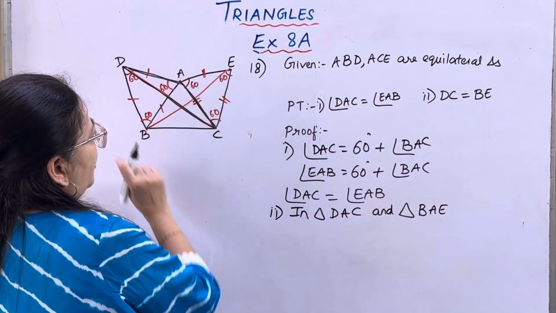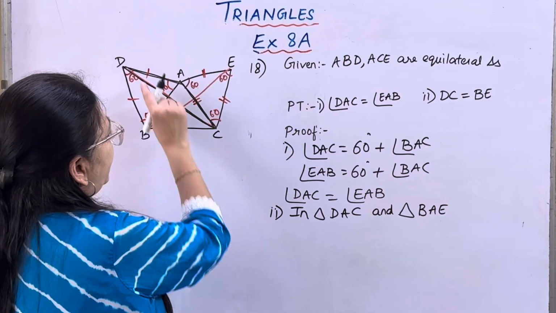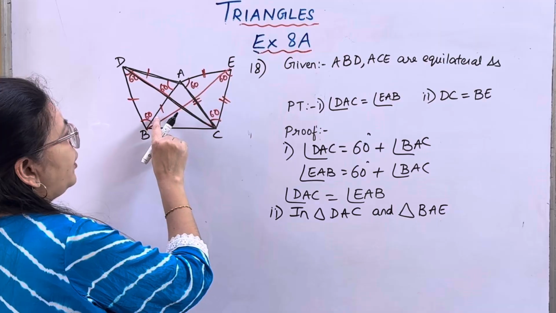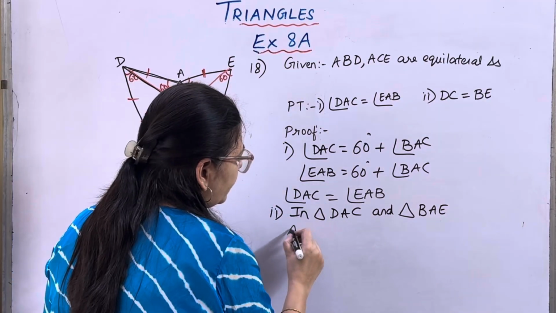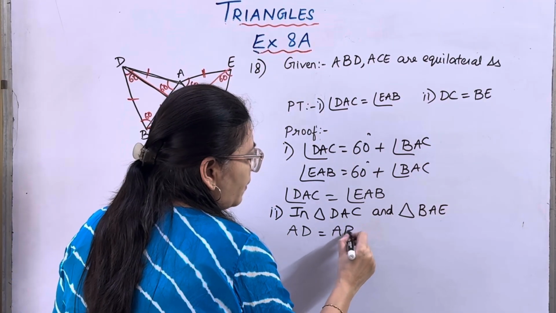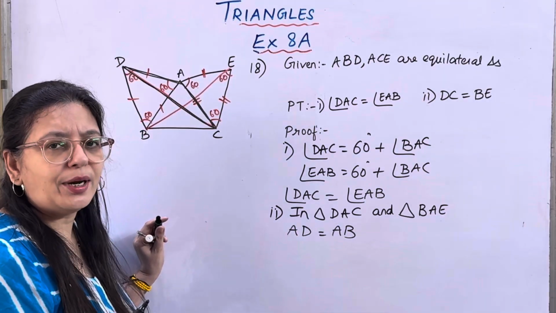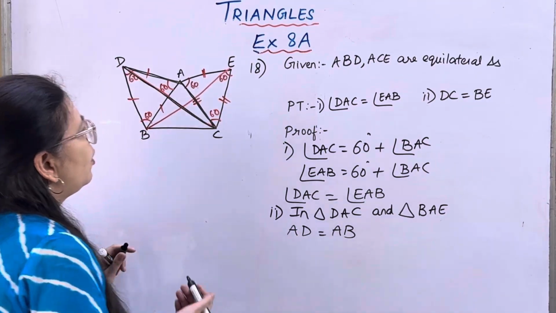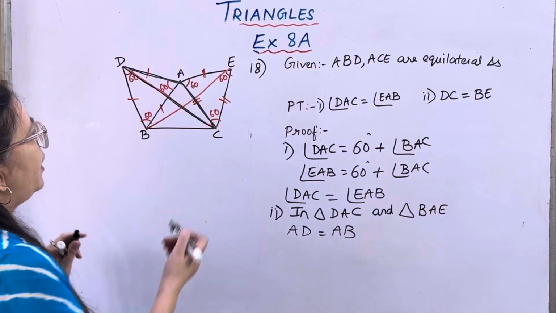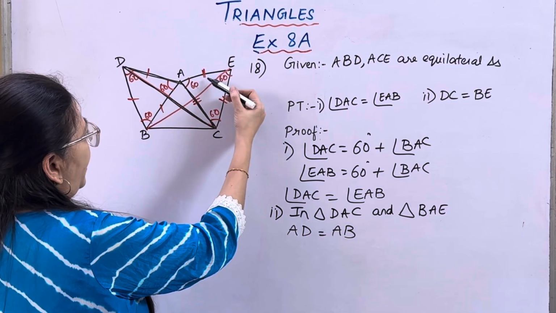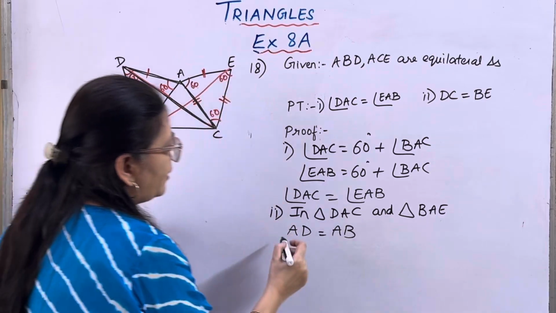In triangles DAC and BAE, sides are equal. AD is equal to AB. We have already, this is given, it's an equilateral triangle, so the sides of an equilateral triangle are equal. Then what about the next one? Next one, AE will be equal to AC.